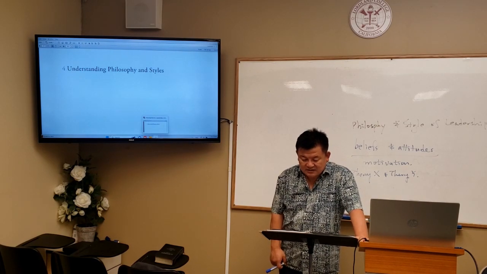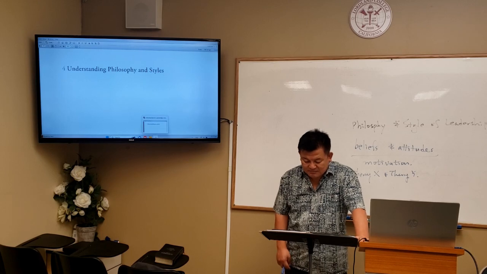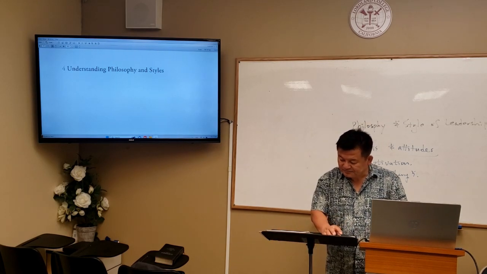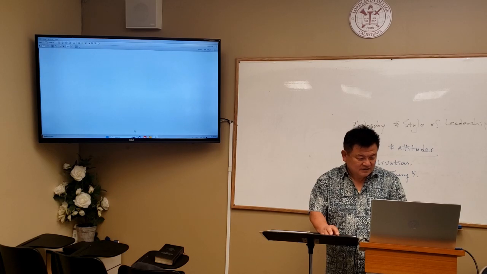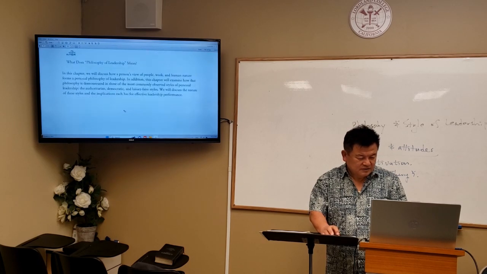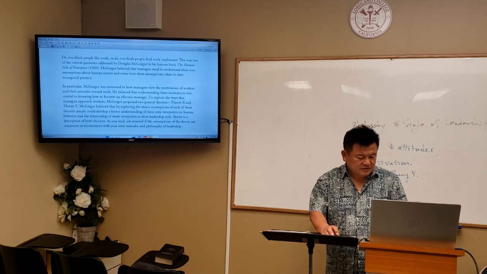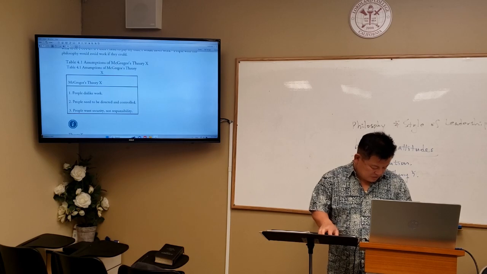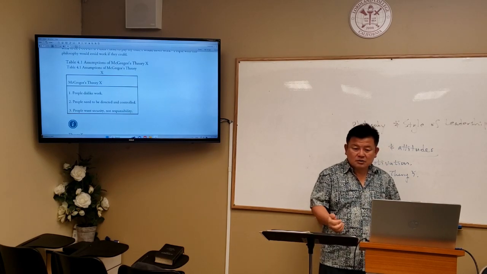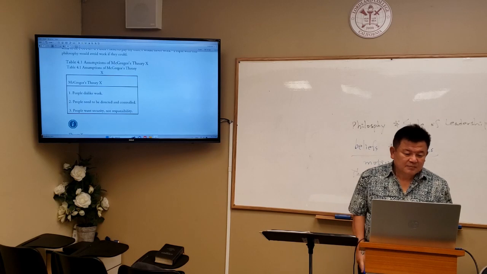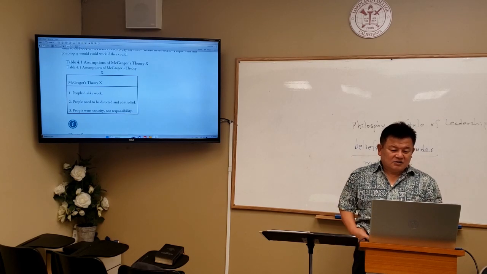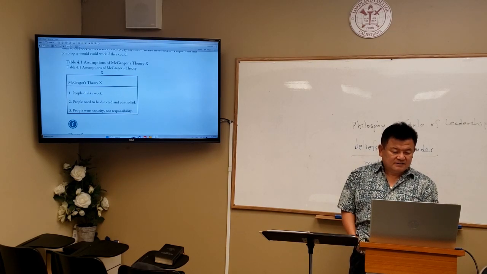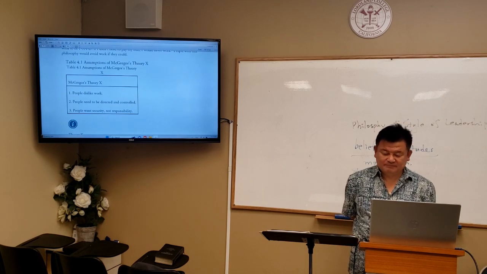First, Theory X is made up of three assumptions about human nature and human behavior. Let me show you the three assumptions. McGregor suggests three kinds of assumption of Theory X. First, people dislike work.